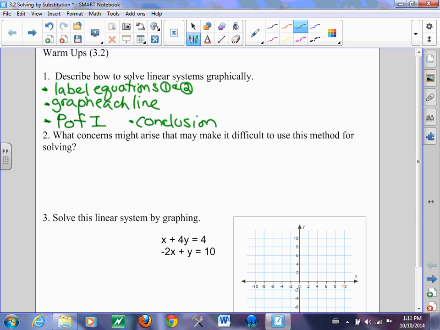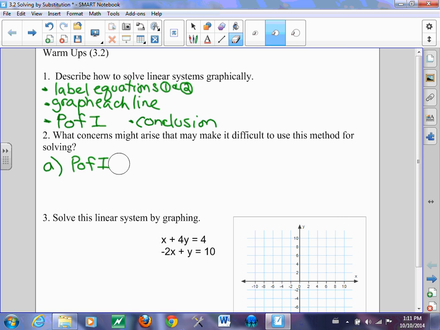So there's two. One is the example I gave you yesterday about the banquet halls. Could we plot that on an XY grid? No. So the P of I, or the point of intersection, might be located outside of your graph, right? So let me just write that down.